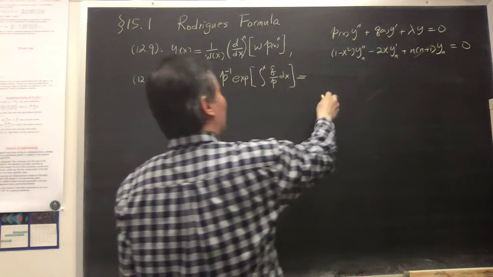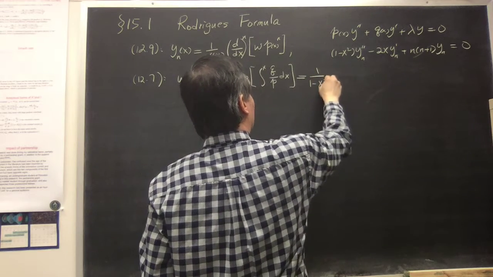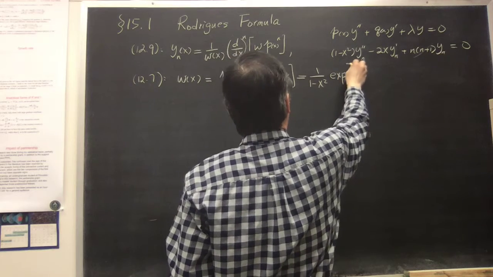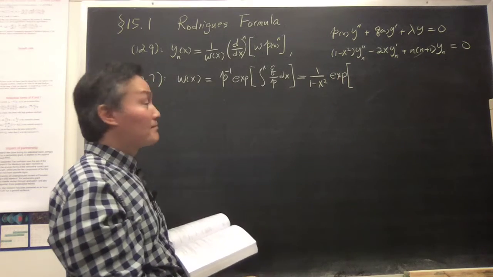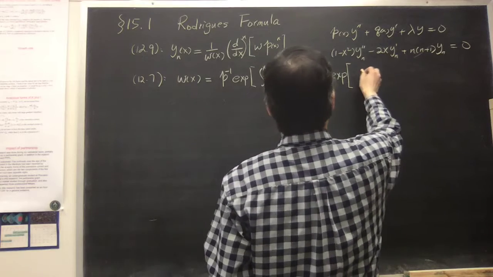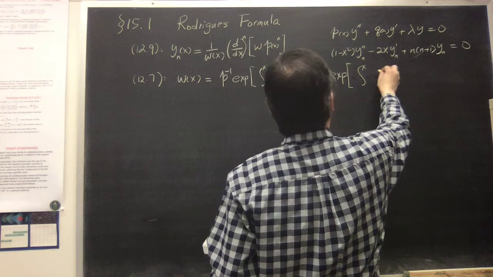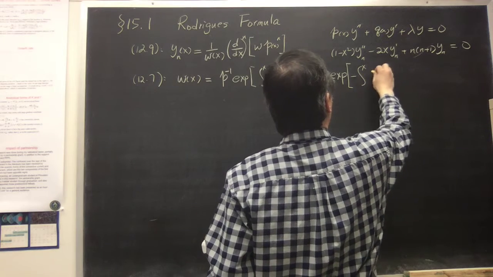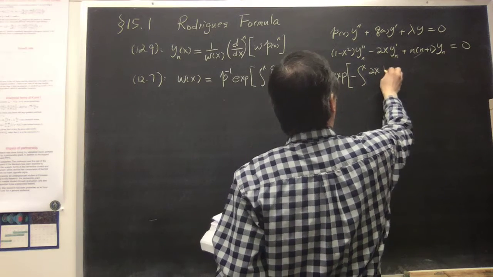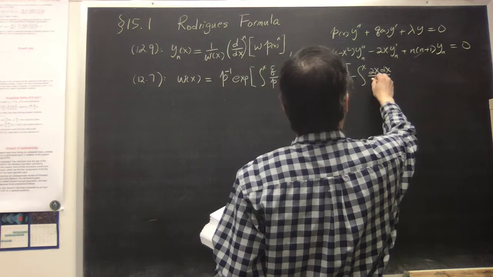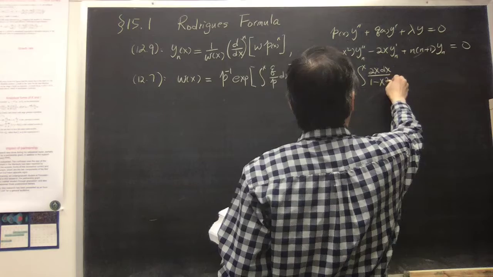So P is 1 minus x squared, and this is an exponential function, and the integration of Q over P, so integrating minus 2x dx over 1 minus x squared.